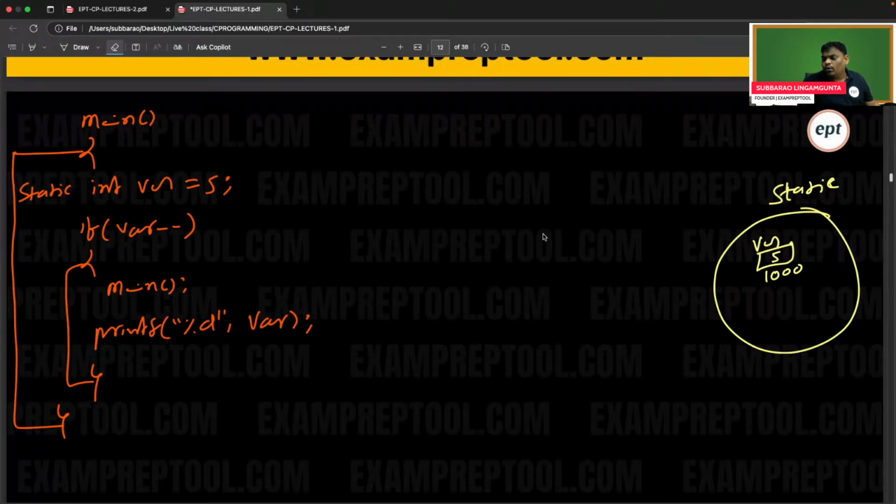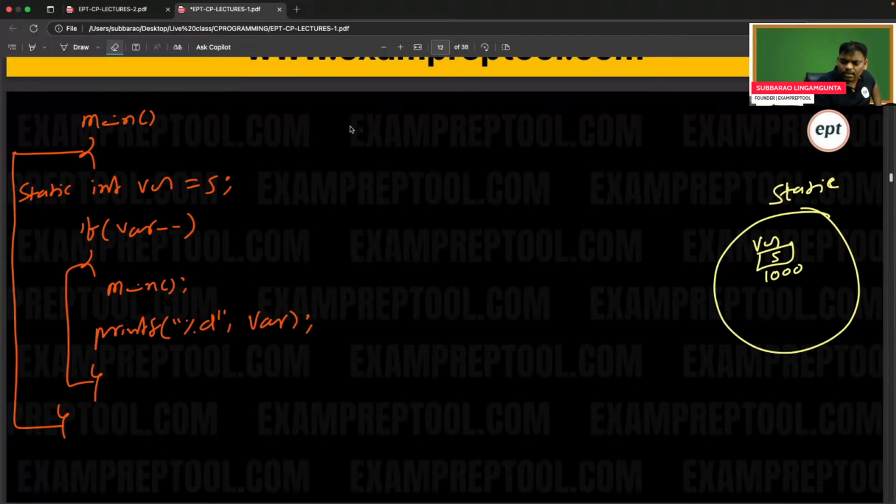The computer doesn't have eyes. The computer doesn't know bottom to top, top to bottom, left to right, or right to left. The computer only knows that the stack is last in, first out, or first in, last out. See only the behavior. Okay, let's start now.